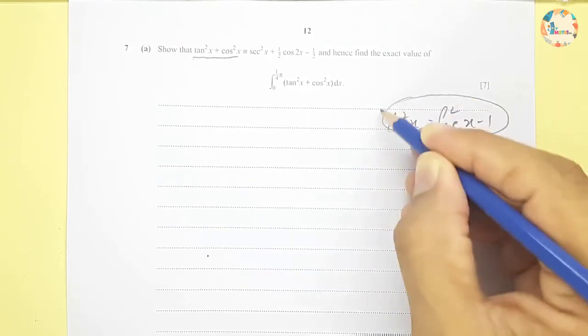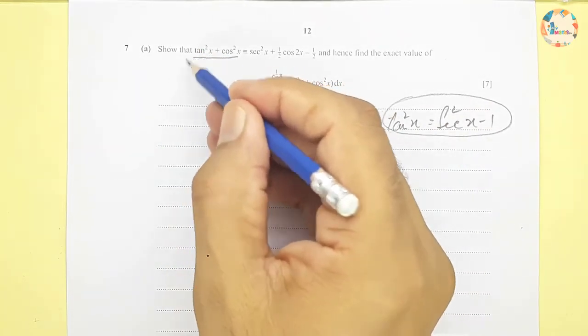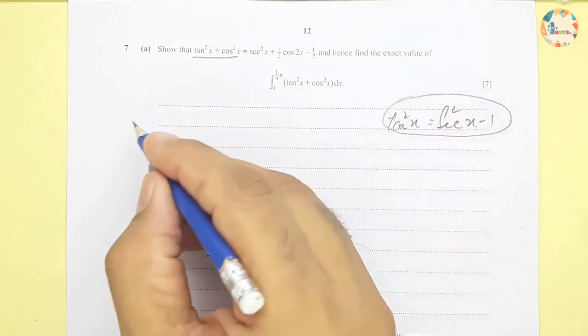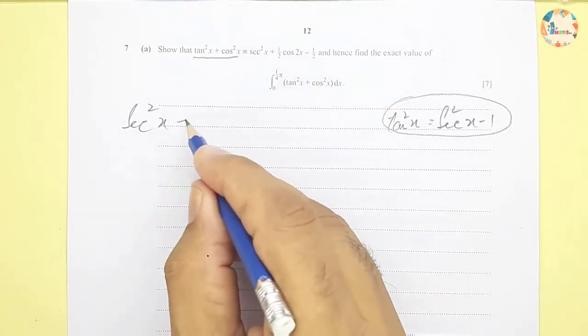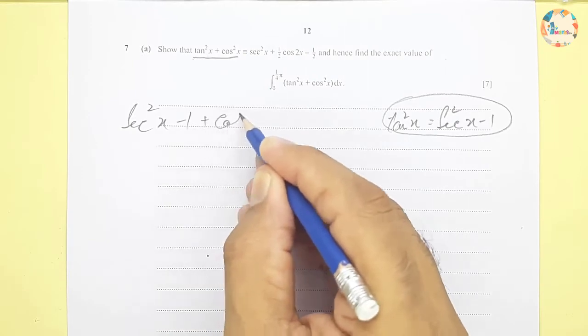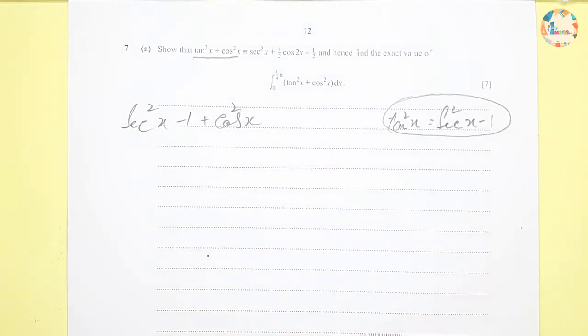This is the formula we will be utilizing. So we replace tan square x with secant square x minus 1, and our equation will become secant square x minus 1 plus cos square x.